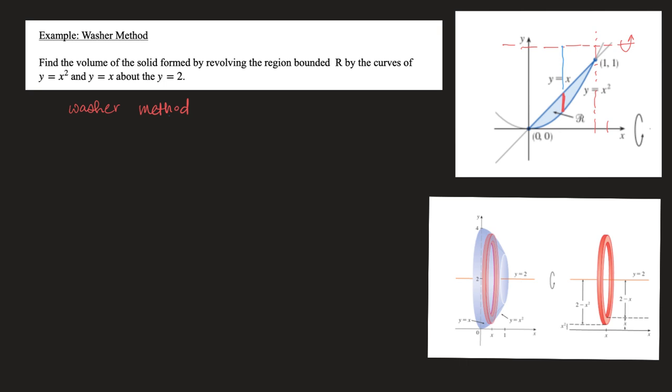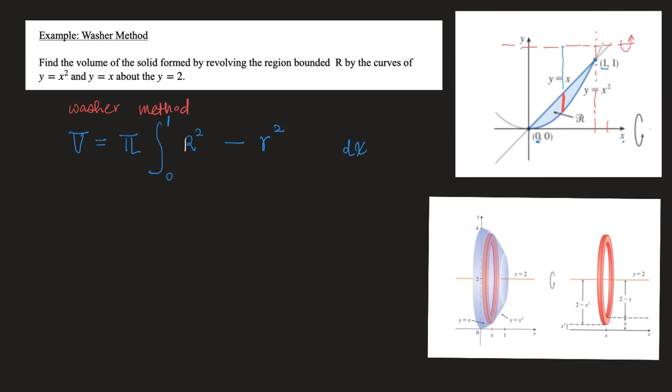What you have to do with the washer method is write down the volume: pi times the integral. Since the rotating axis is a horizontal line parallel to the x-axis, you put dx, so write the integral of x from 0 to 1. Inside, you do the longer radius squared, R squared, minus the shorter radius squared.